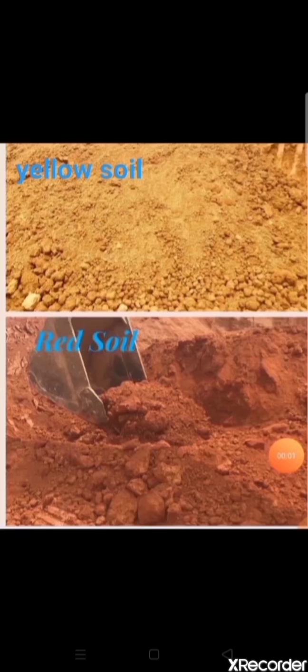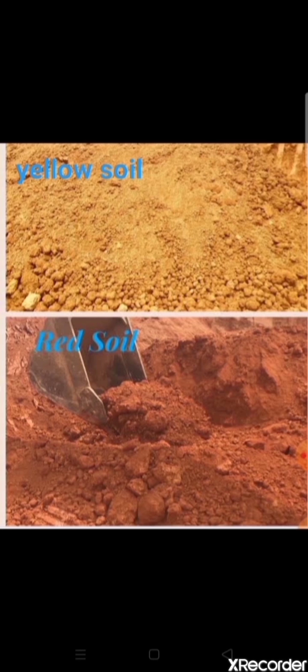So why does it have two different colors, red and yellow, if it is formed by crystalline igneous rock? The area where igneous rock receives less rainfall looks red in color, and where the igneous rock receives comparatively more rainfall, it looks yellow in color.